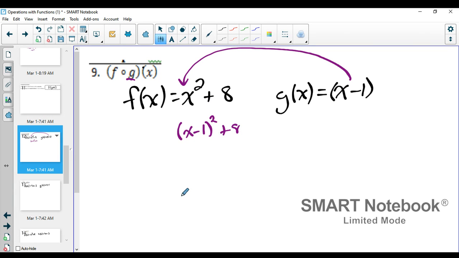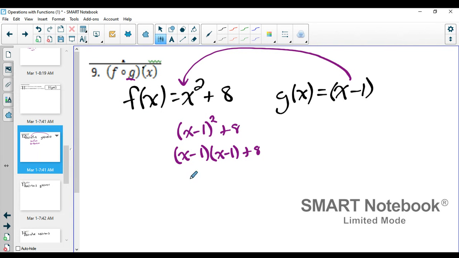And now we're going to simplify this as much as we can. So remember, when you have a quantity squared, you do not square each individual term. Squared means you are taking something and multiplying 2 of them together. So we have x minus 1 times x minus 1 plus 8. We'll deal with the plus 8 after we multiply these.